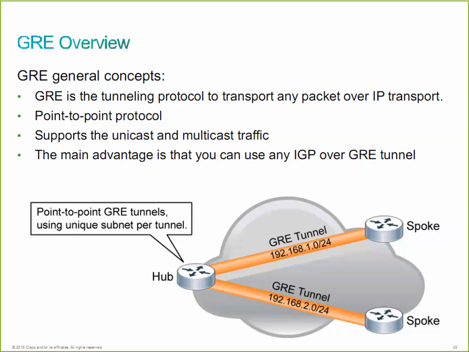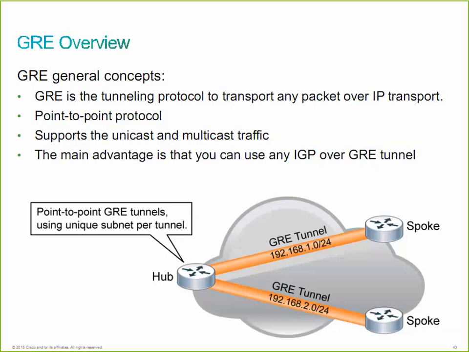So in the case of the transport network, we're usually using default routes, static routes. And then we're using a different IGP protocol that's being tunneled over GRE. So it's not something that we have to concern ourselves with a whole lot, but it is something to consider.